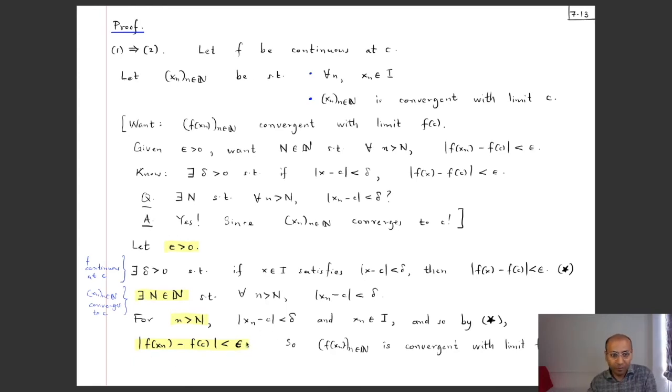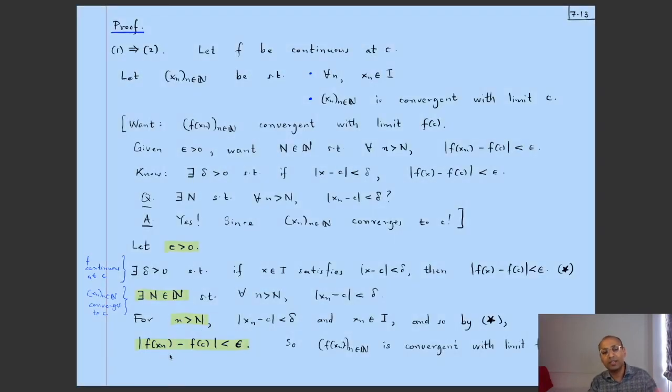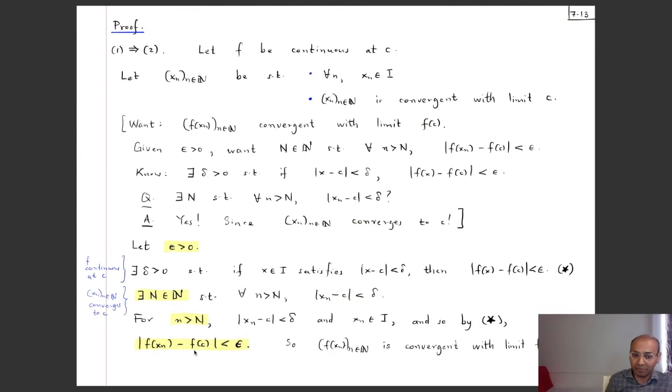So given any epsilon positive, I first find a delta thanks to the continuity such that the statement star happens. For that delta, I know that there is an index such that the distance of xn to c is less than delta, and then I'm guaranteed that beyond that index, mod of f of xn minus f of c is less than epsilon.